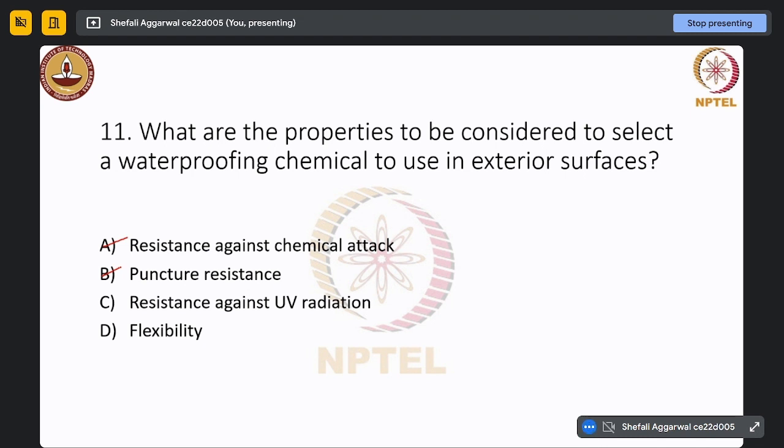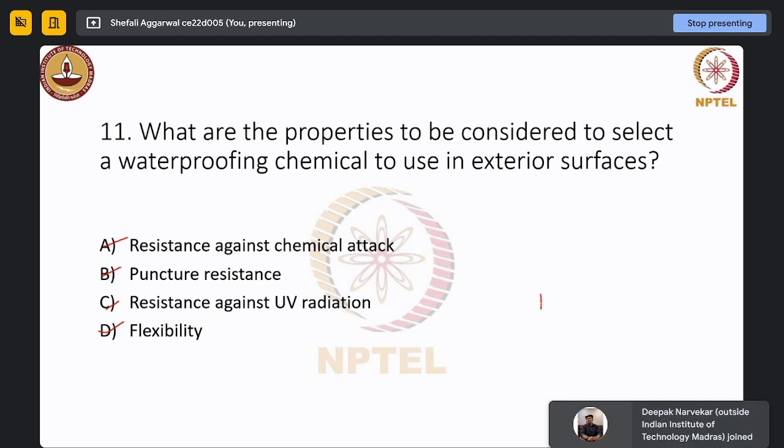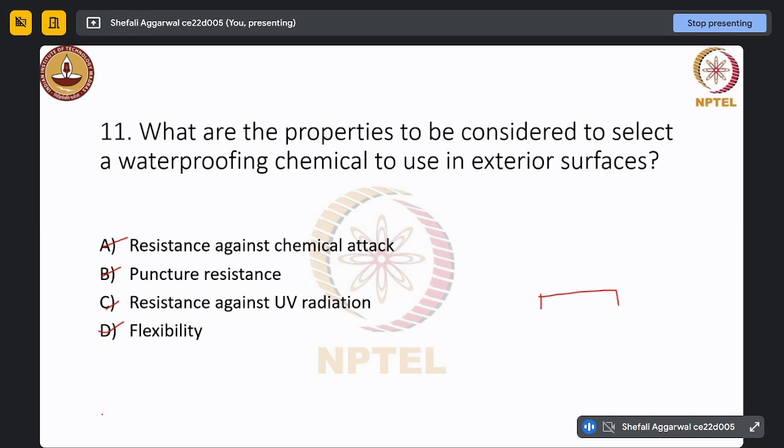So it should have a puncture resistance, resistance against UV radiation because our exterior surface is completely exposed to the environment, and it should be flexible because there are chances due to change in temperature or something our concrete surface can go through shrinkage or expansion, so our waterproofing chemical should be flexible enough. So answer will be all of the above. All are the correct answers, right?